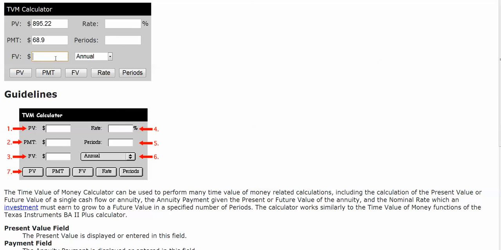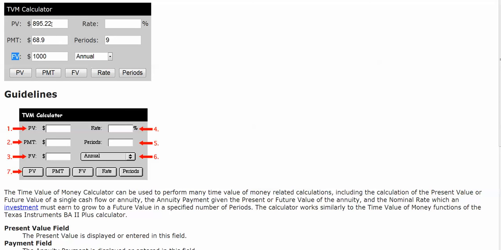The future value is your par of 1,000, and the number of time periods is your 9 years to maturity.